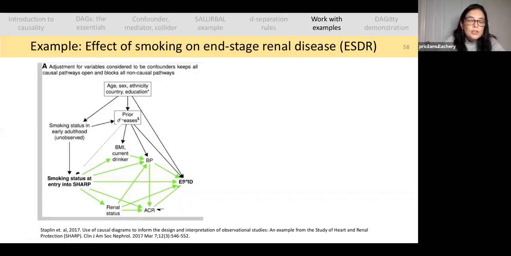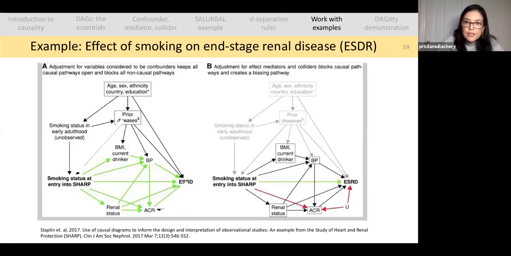What they wanted to do in this study was to look at the effect of what would happen if they adjusted for the mediators. So this is what they have.